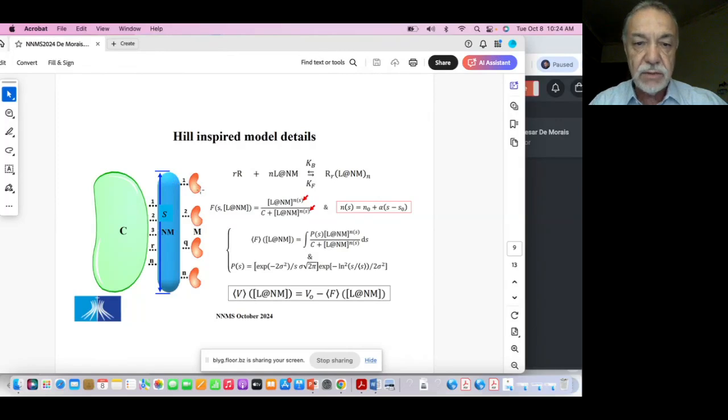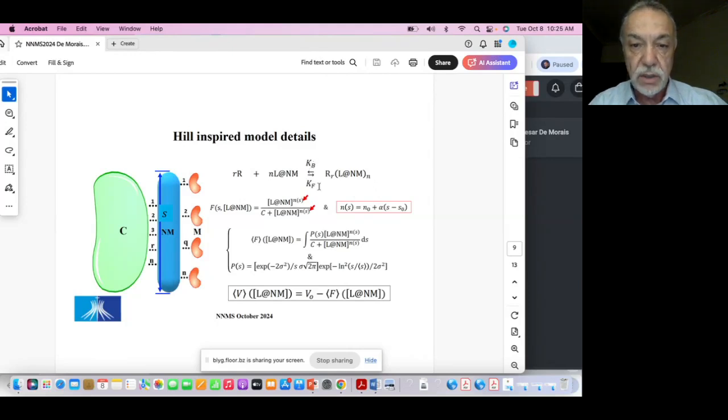So now, how can I represent the binding between this nanomaterial and the cell membrane? I represent it, again, using the same scheme that Hill used in his standard model. So there is an R number of points on the cell membrane, receptors, binding to endpoints available on the nanomaterial.